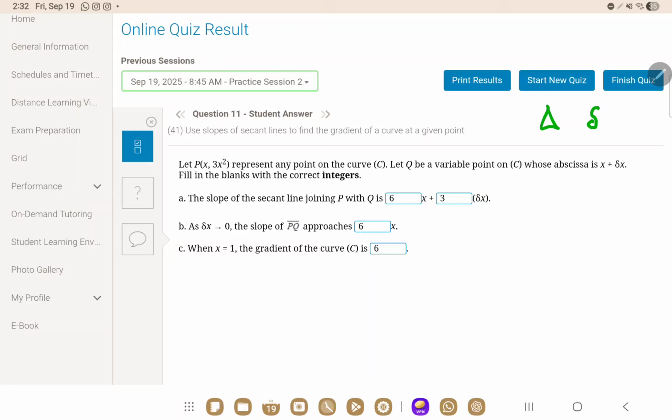So curve C. Okay, now we have curve C. Curve C is y equals 3x squared, right? Because this is the y. Now, this is for curve C. What do we know about point Q? Its abscissa, or its x value, is x plus small delta x.